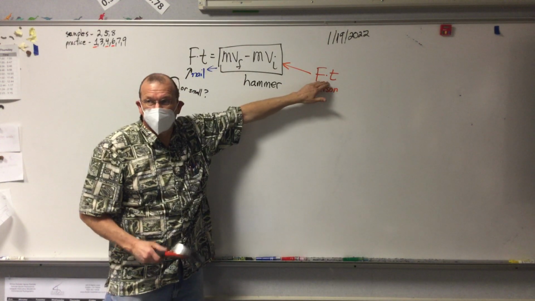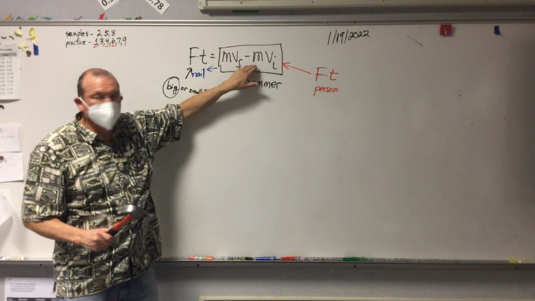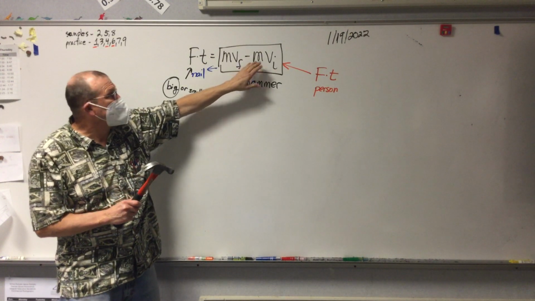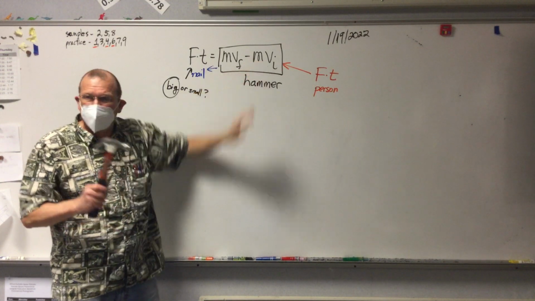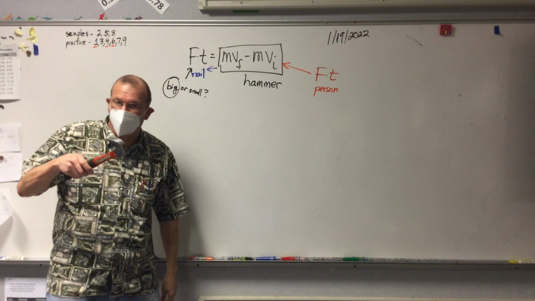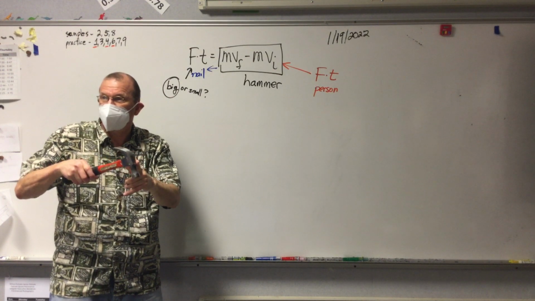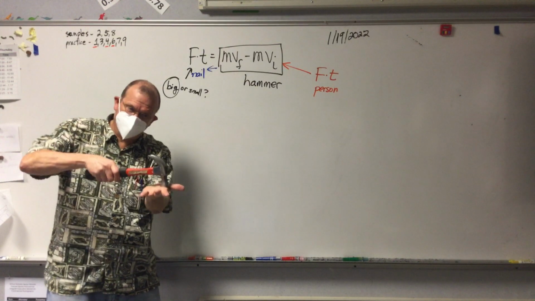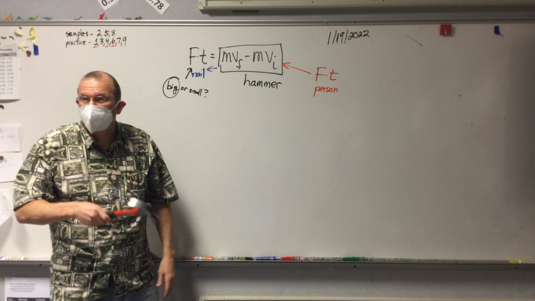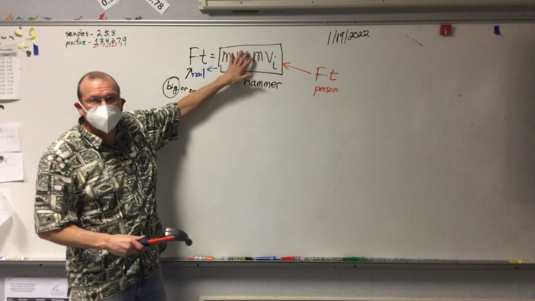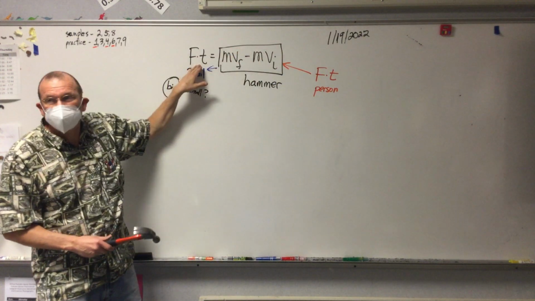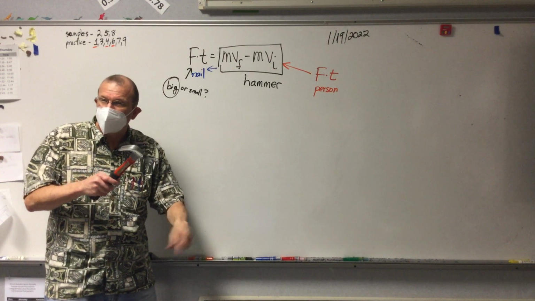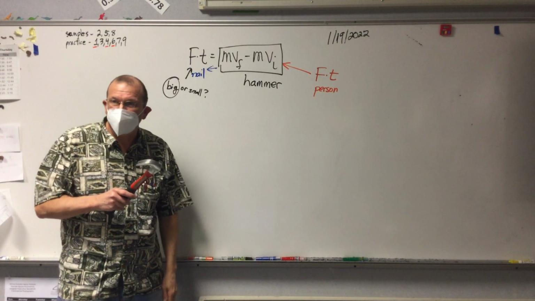That impulse on the hammer becomes the momentum that the hammer has initially. Now at the end, after the hammer hits the nail, what is its velocity? Because usually it's 0. So all that change in momentum then becomes an impulse that the hammer now applies onto the nail to drive the nail into the wood.